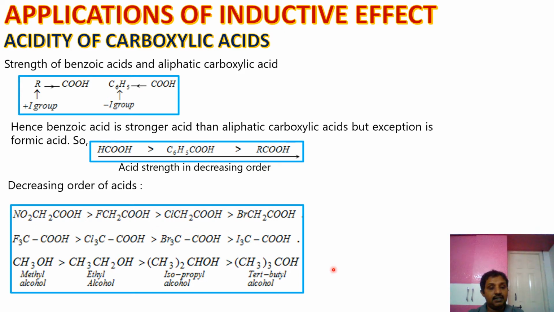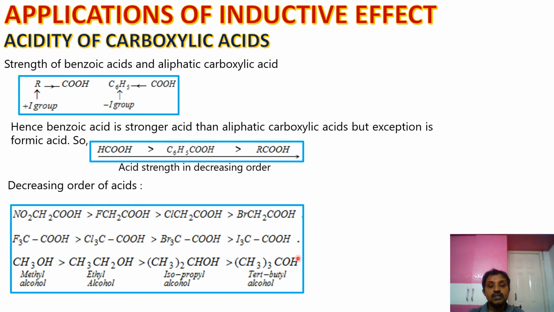Okay, the next series is trifluoroacetic acid, trichloroacetic acid, tribromoacetic acid, and triiodoacetic acid.